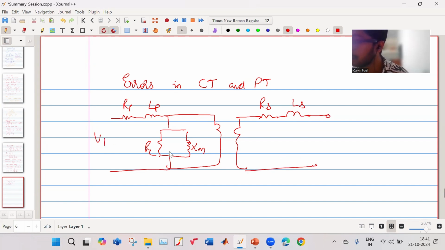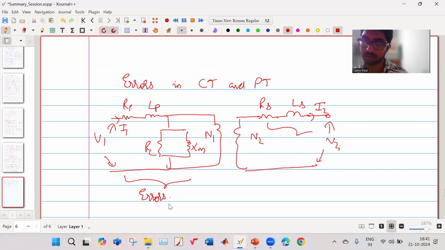This is your V1, this is your V2, this is your I1, this is your I2. And this is your number of turns N1, this is your number of turns N2. These things cause errors.